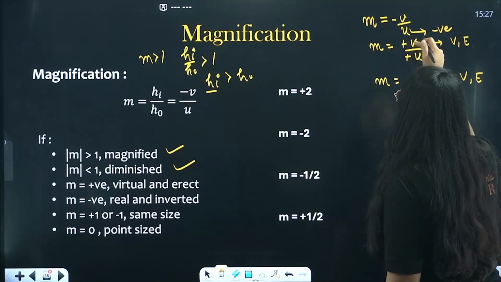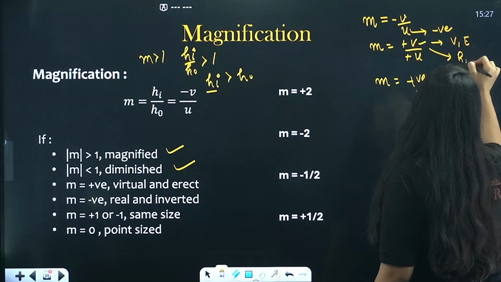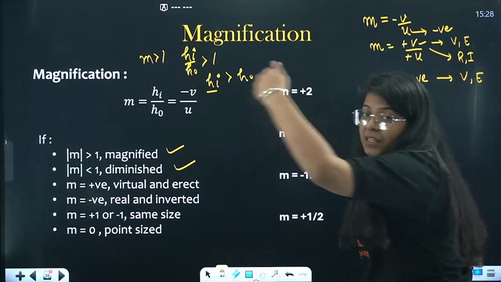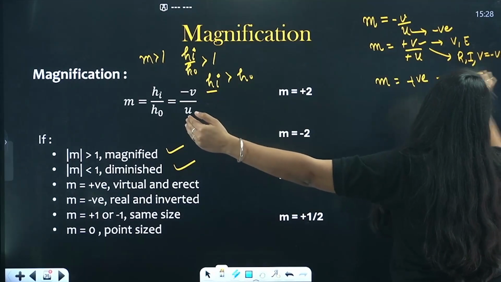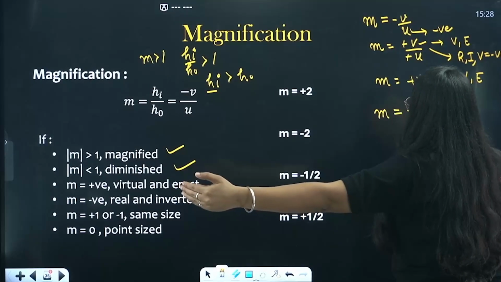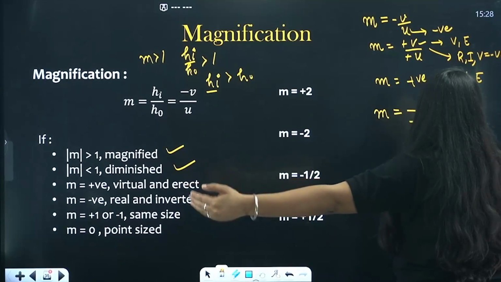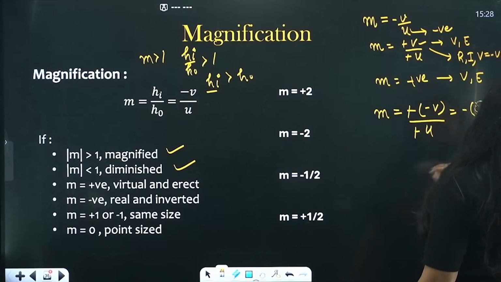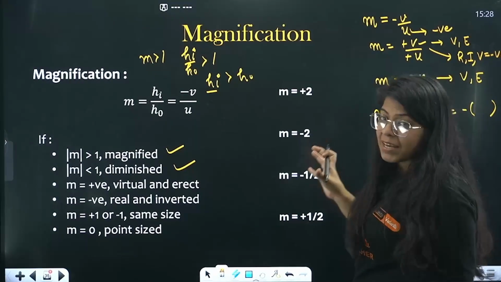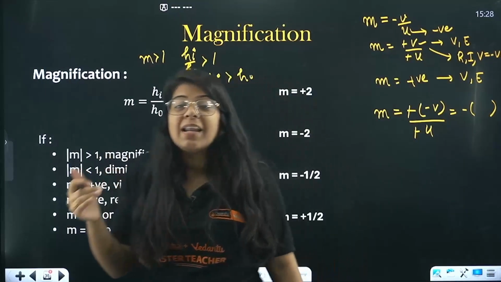But if the image is real and inverted, then v is on the left hand side, and for the left hand side, v is negative. Then minus of minus v by minus u, this cancels, and a minus value remains. So if there is a negative value, that means it's a real and inverted image.